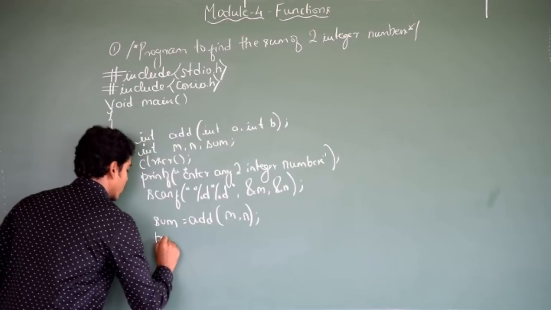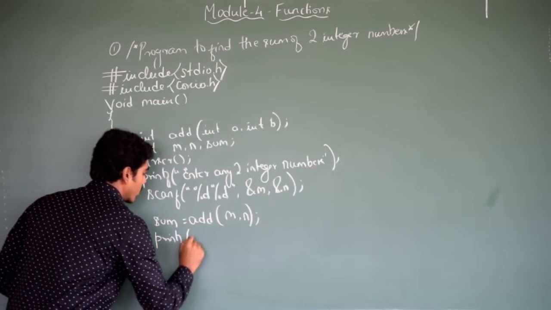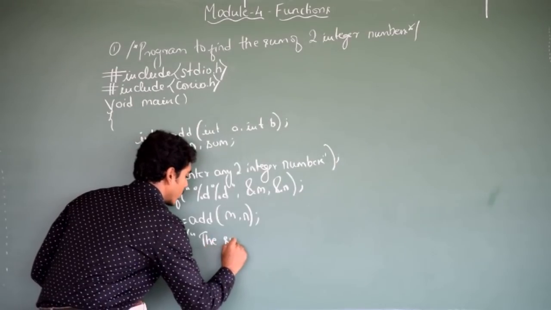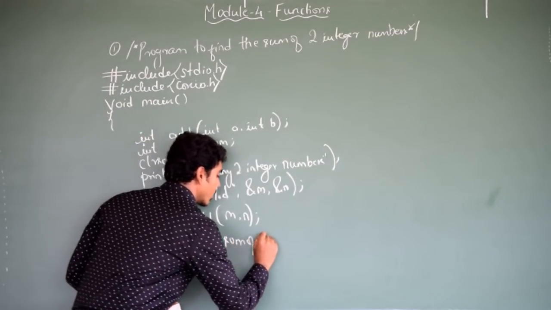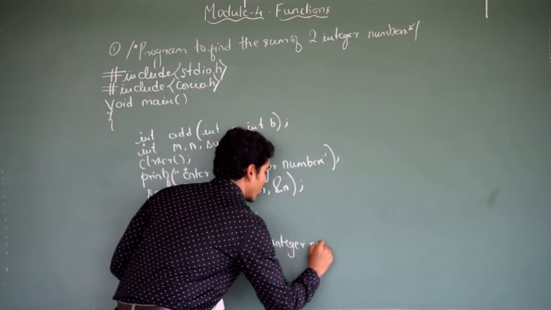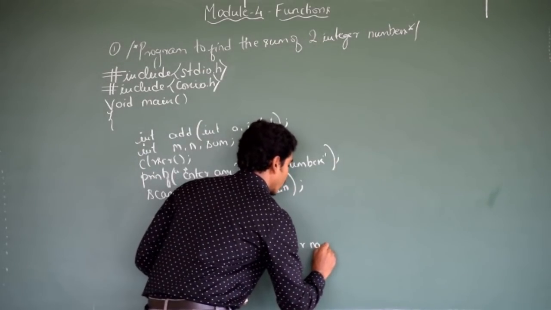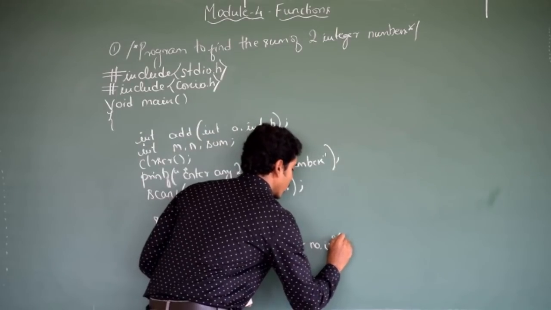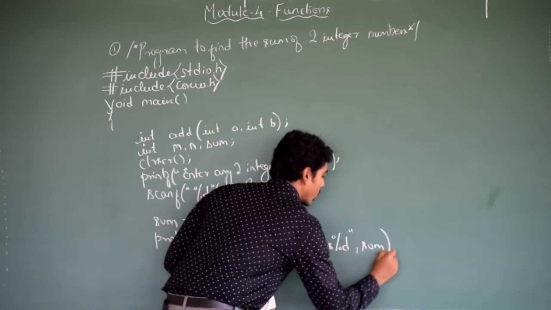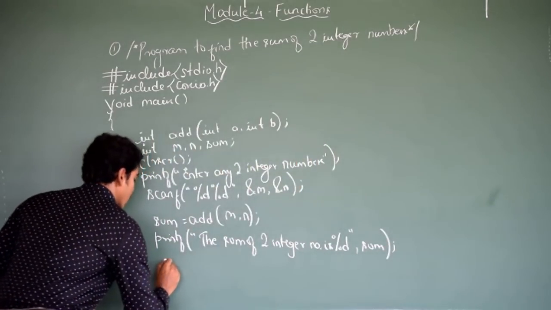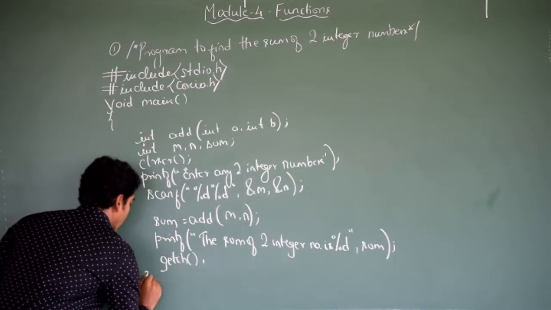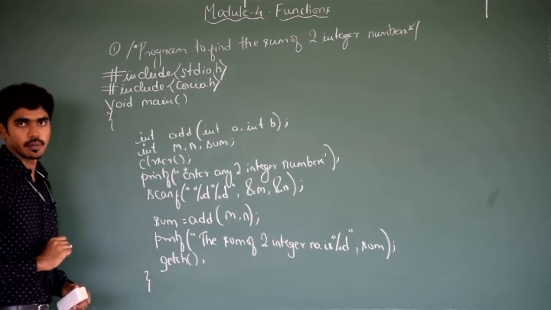Next is the printf function printing the results. At last is the getch function and terminating the main program here.